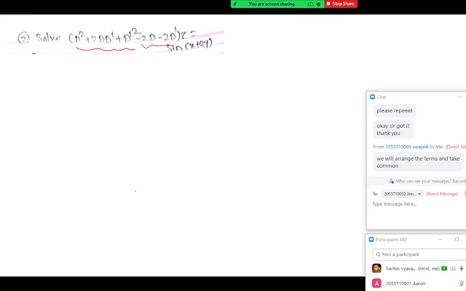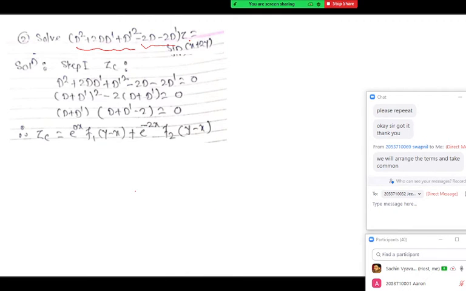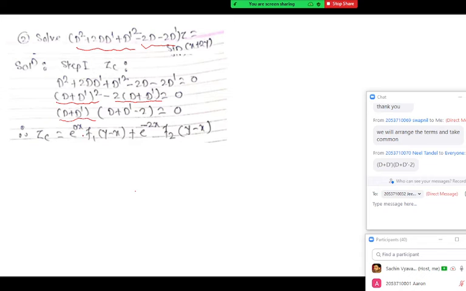If you take minus 2 common, the grouping method is generally used for factorization of non-homogeneous equations. So you should see the groups and find the common terms so that you can factorize. This is d plus d dash bracket square, minus 2 taken common, so d plus d dash throughout taken common.